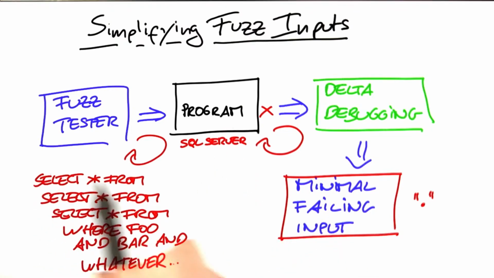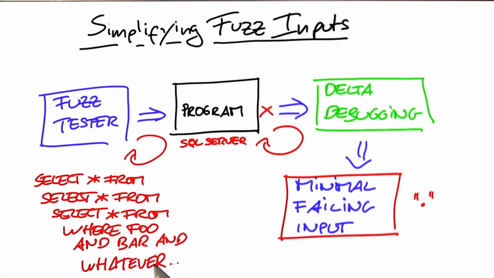And then the SQL server is going to choke on one of these super complex inputs, and then you say to the SQL developers, hey, I have this very long and complicated SQL query, and I can use this to break the server. But the developers are going to tell you, a big query like this one never ever happens in practice. So maybe this will crash our server, but it's really not the top priority right now. We'd rather care about real queries.